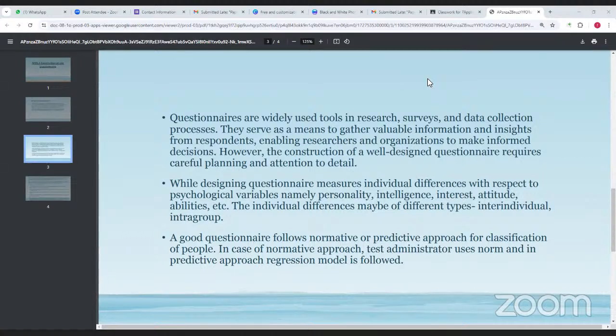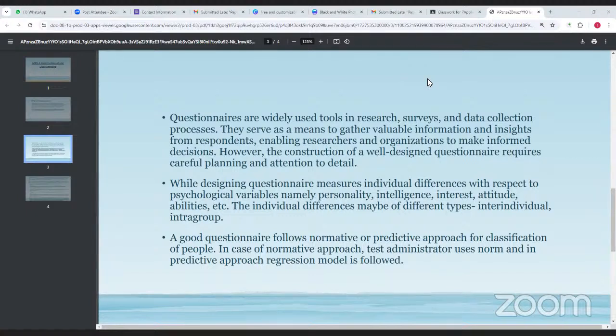How can we know that this is the normative approach? In the case of the norm, we are following the normal probability distribution. We usually follow the standard score of the normal probability distribution.